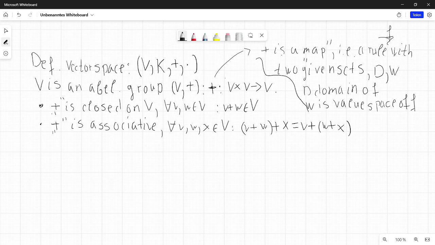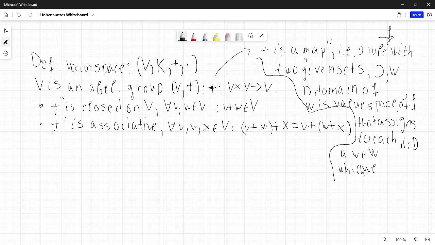Well, a rule with two given sets, D and W, that assigns to each element d in D a W element in W, which operation of assignment we write, or the result of assignment, we use them interchangeably, which we write F of d equals w.